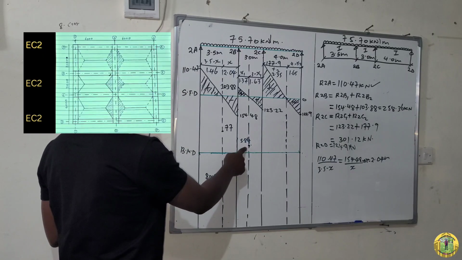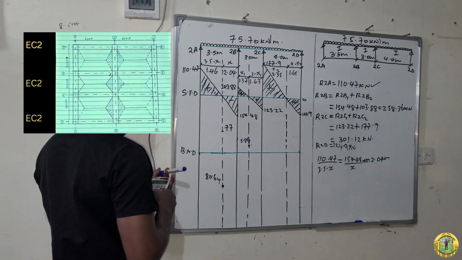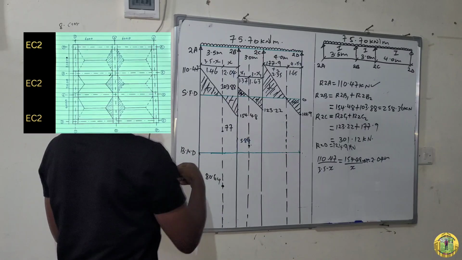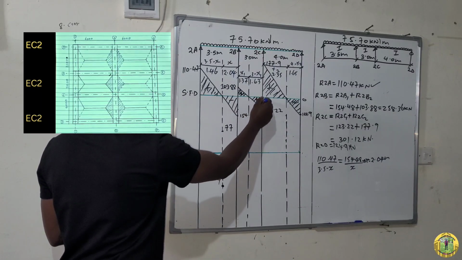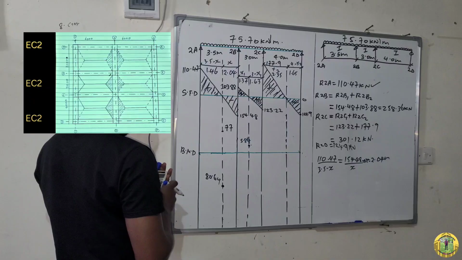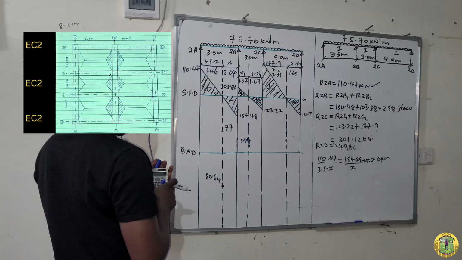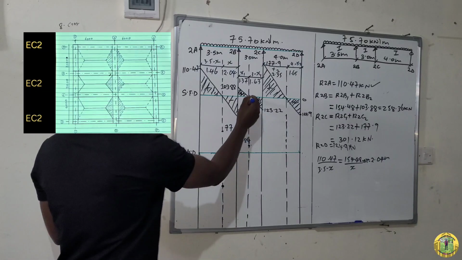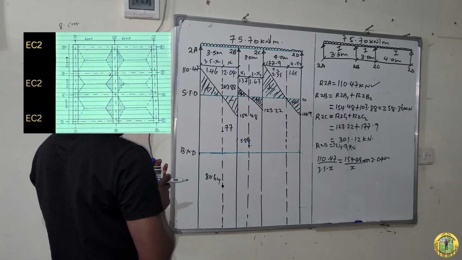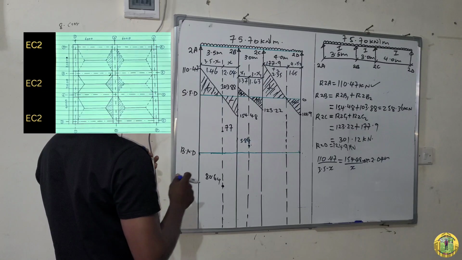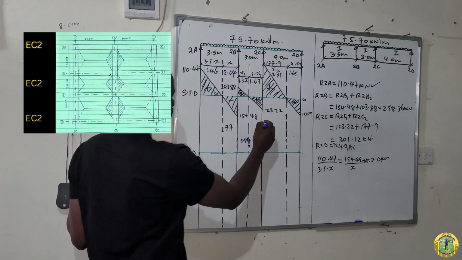After obtaining this negative 5.84, subtract this area, which is minus 0.5 times 123.22 times the base 1.63. So you get negative 106. So negative 106 is somewhere here.